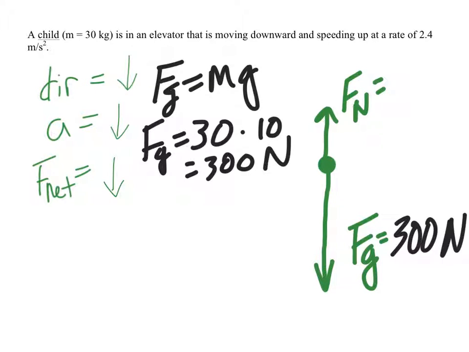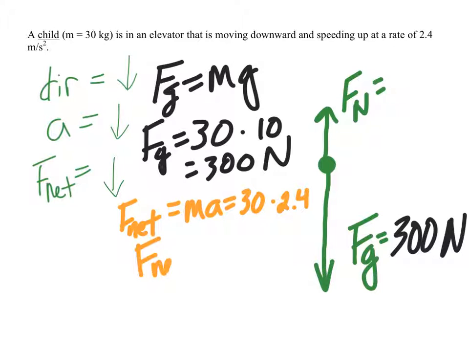So we need to calculate the net force. Net force is equal to mass times acceleration. So in this case, 30 times 2.4 meters per second squared, which when I do that math, I get 72. So the net force is 72 newtons.